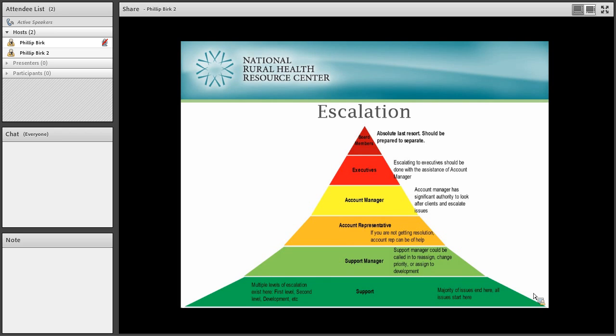You may not have the support manager's name and number. If you do, that's great. The support manager usually has the ability to redirect a support call from one area of support to another, or even from support to development. That support manager might have that ability to hand it up to development.